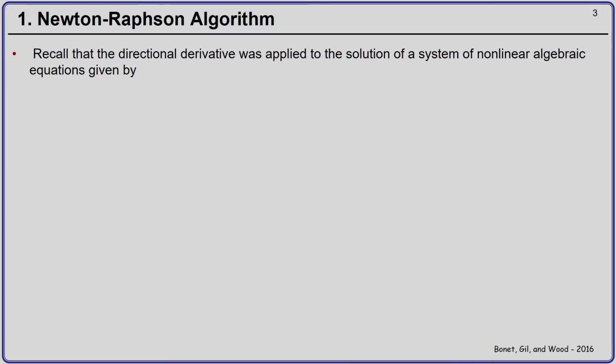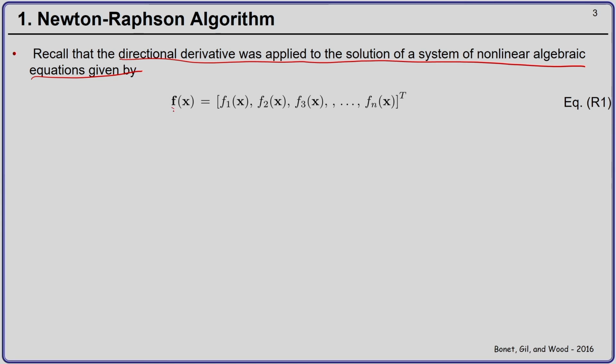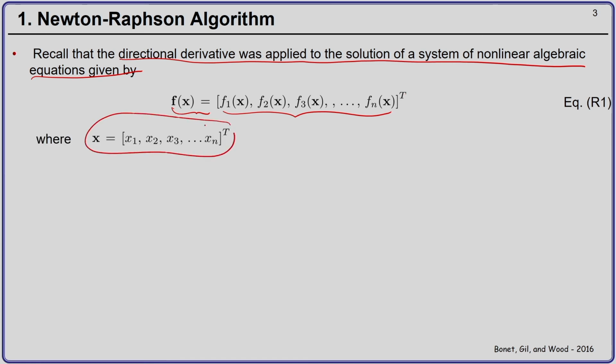Now, recall that the directional derivative was applied to the solution of a system of nonlinear algebraic equations. We had this system of nonlinear equations composed of n equations, and the unknowns were n unknowns.